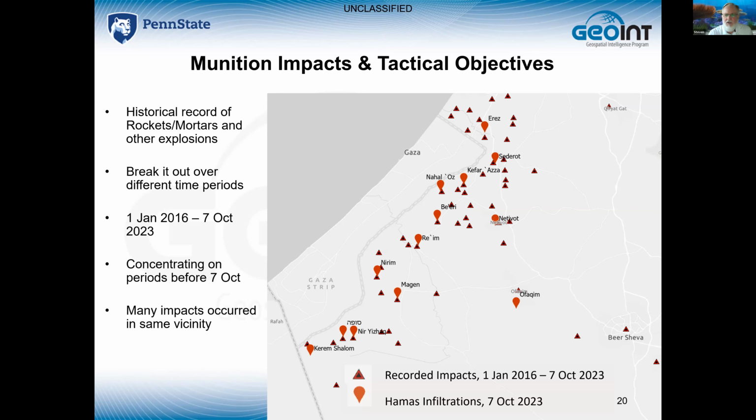And I'll be looking into that further as far as when they did that and how often. And as I said, I'll be concentrating on periods before October 7th because otherwise it would skew my findings. And many of the impacts, of course, were in the same areas.